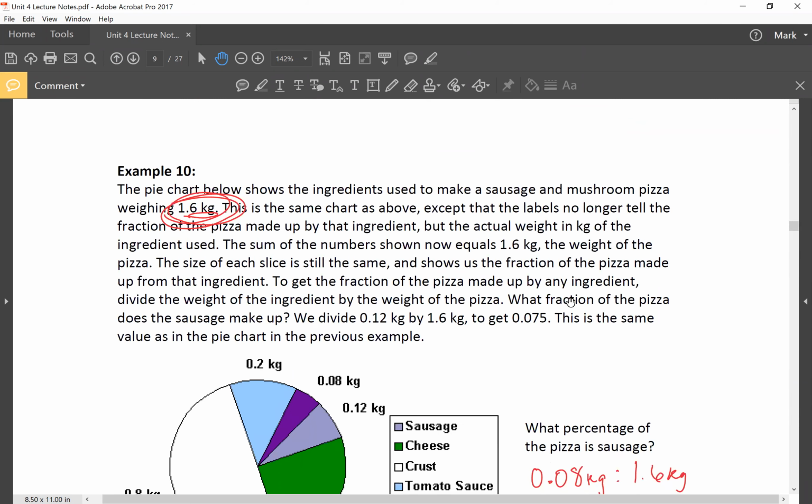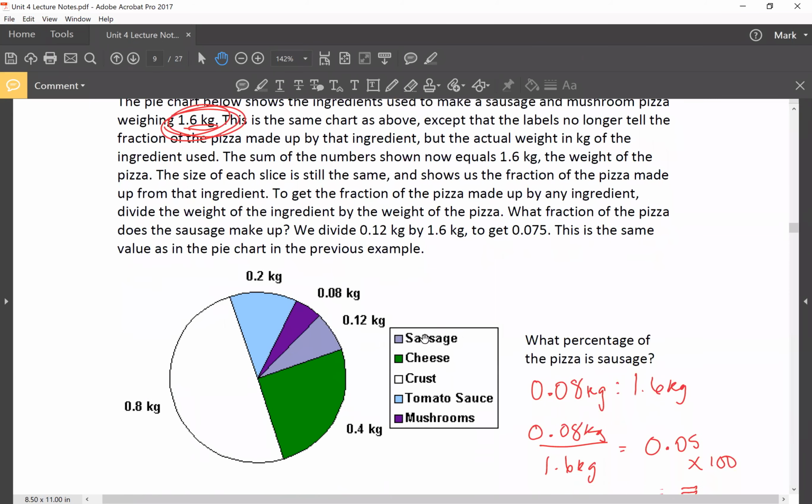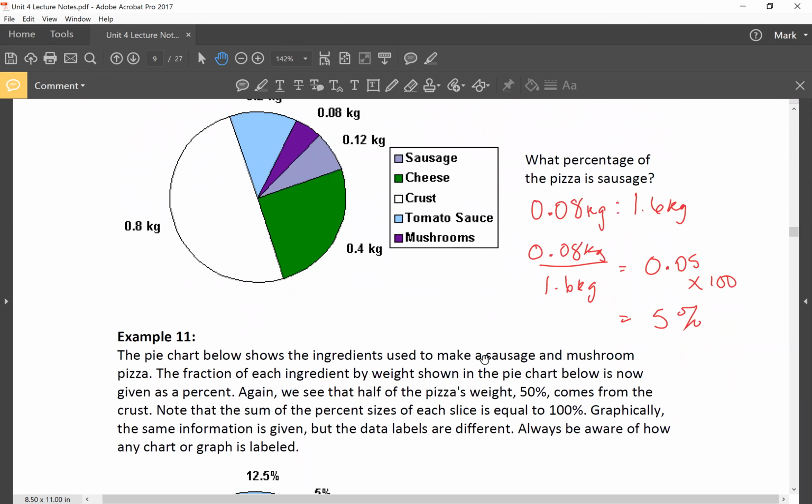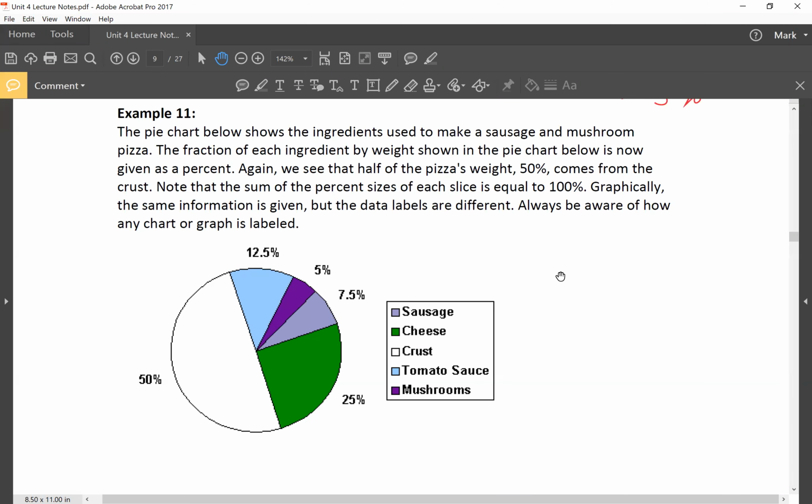I guess I could just use the page up, page down button. Okay. So I'm going to get you guys to try this one. Now, again, this is my personal type of pie chart. It's giving the percentages. So the pie chart below shows the ingredients used to make this pizza. The fraction of each ingredient by weight is shown.